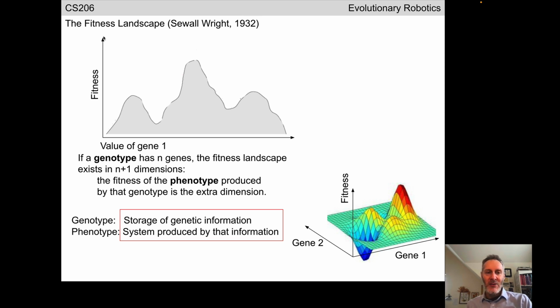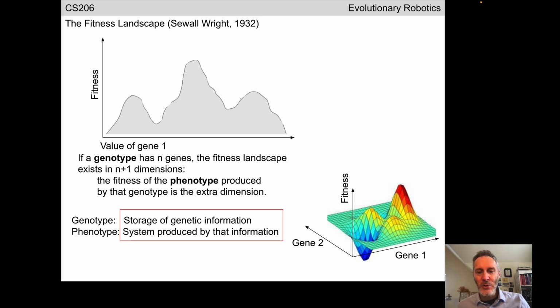We can then add a vertical axis here, which is fitness, and we can then imagine for any possible setting of the weight of that single synapse, we can ask how well the robot does at whatever we want it to do. For example, we want it to move at 3.2 meters per second when it's in cold water, and we want it to move 7.4 meters per second when it's in warm water.